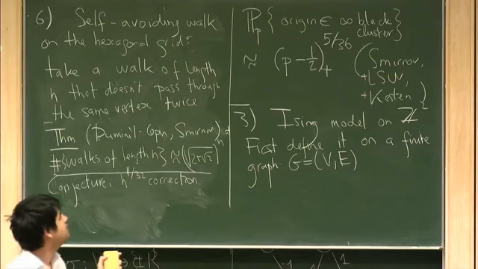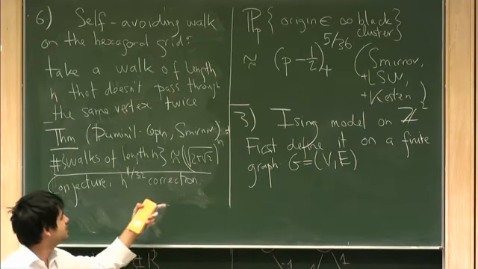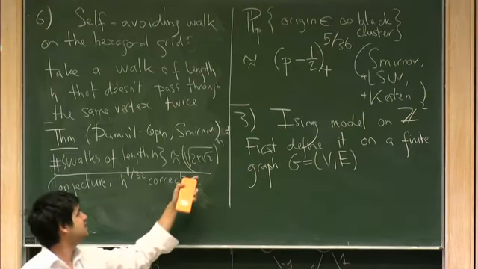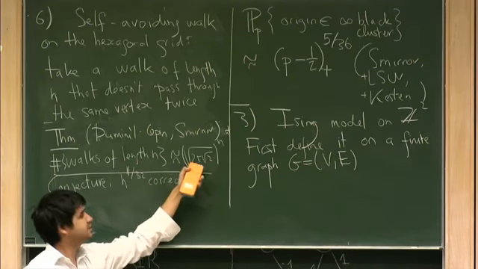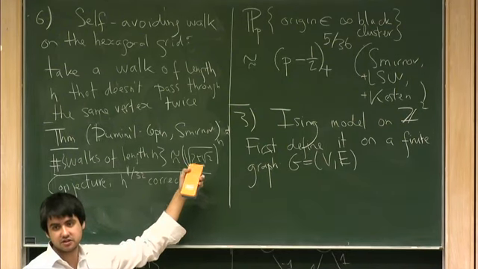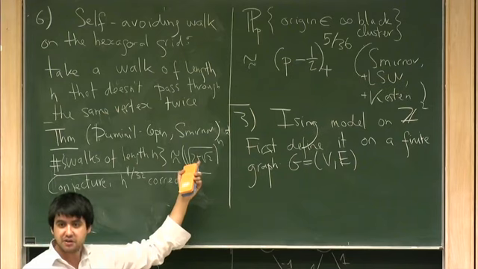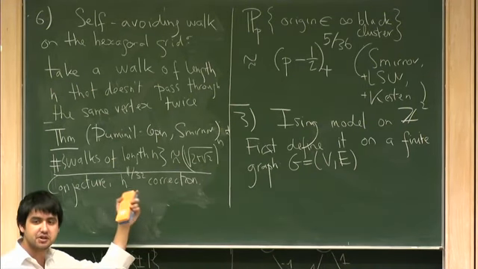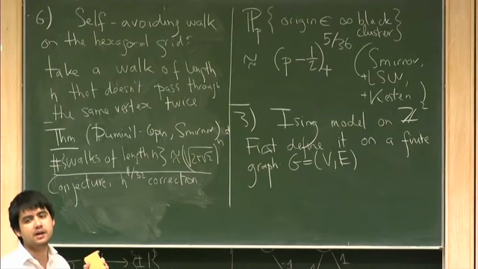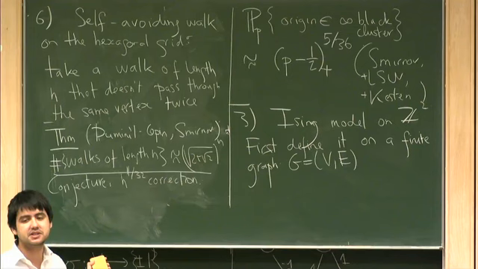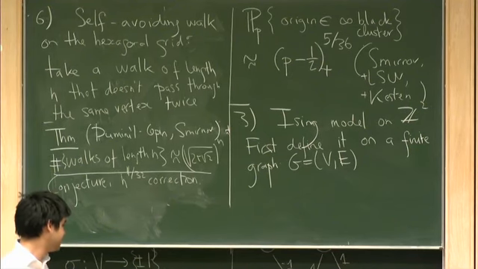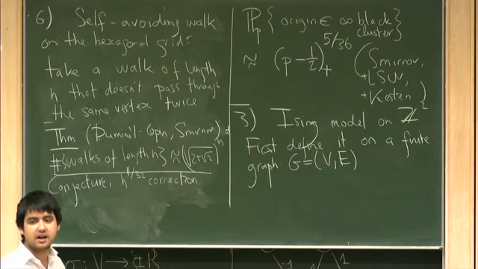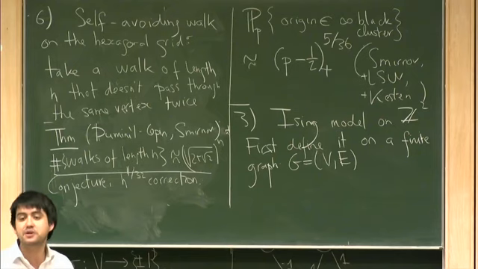So to put things in a bit more perspective, the reason why people are so interested in this is that the growth constant is dependent on the nature of the lattice. For instance, the corresponding number for the square grid is not known. It's probably not an algebraic number. However, the corrective term does not depend on the choice of the lattice. It's not so surprising if you think about it, if you know something about, say, the Ising model. For instance, for the Ising model or for percolation, there's a critical value, beta critical. For percolation, I didn't state it explicitly, but this was 1/2.